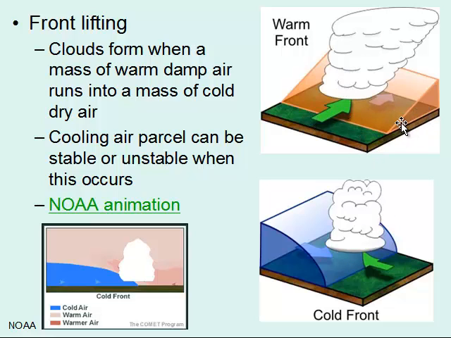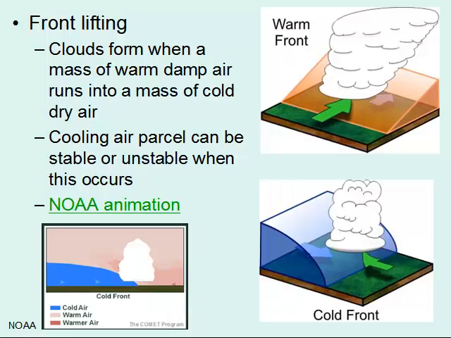Here we've got warm air represented in the reddish color here, cooler air with water vapor in it being forced up and over that air. And then here we have a cold front, cold air, with that damp air on the other side being forced up and over that front, and there's an animation here that you can also watch on your own if you wish.